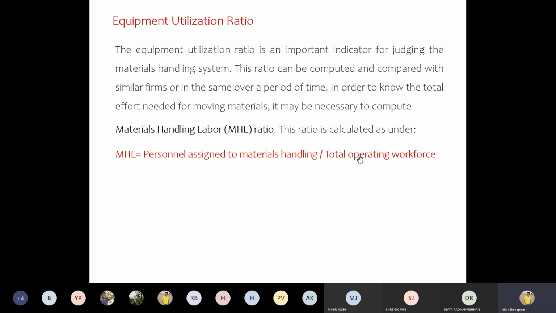Can anybody explain this? There is one more ratio called the direct labor handling loss ratio, which is the material handling time loss of labor upon total direct labor time. We will study that afterward. But before that, we need to see what is meant by MHL.